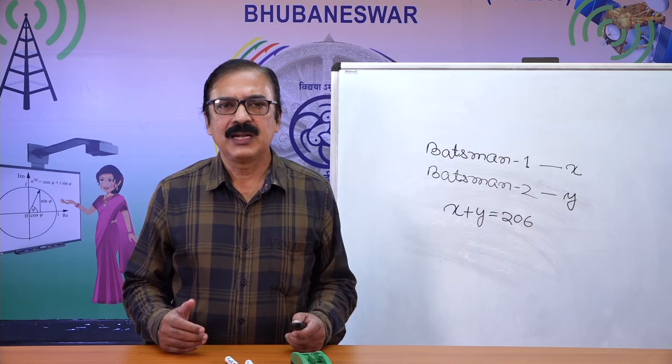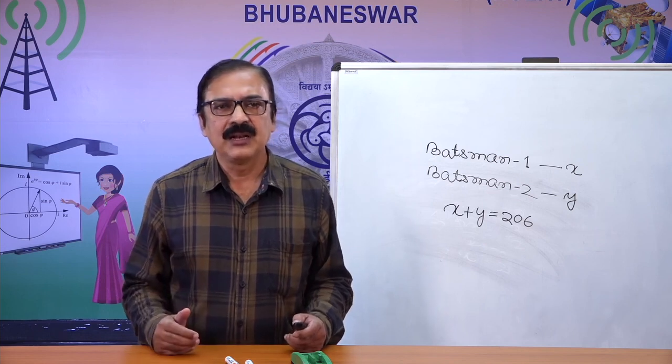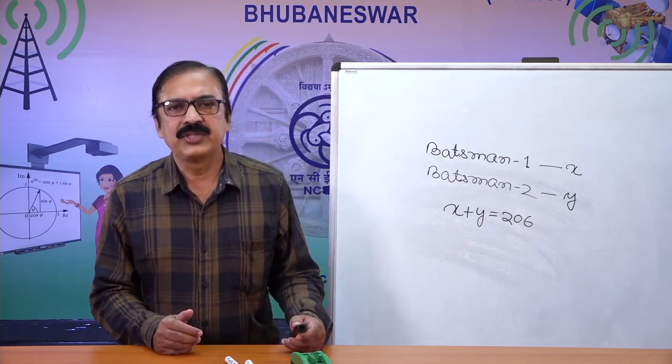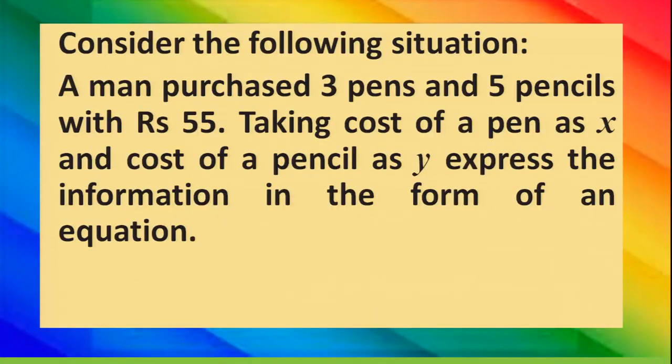Now let's consider another situation. A man purchased 3 pens and 5 pencils with rupees 55. Taking the cost of a pen as x and the cost of a pencil as y, express this information in the form of an equation.